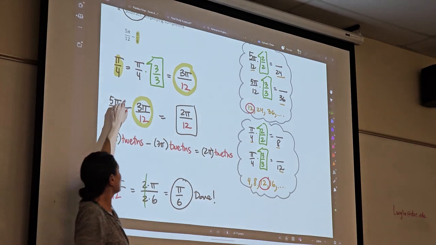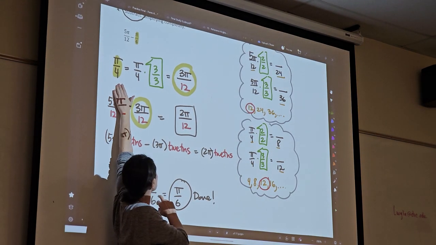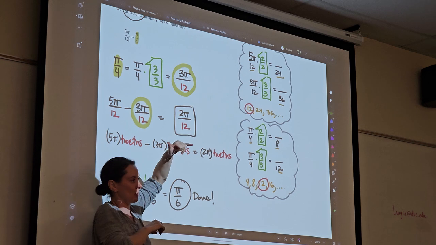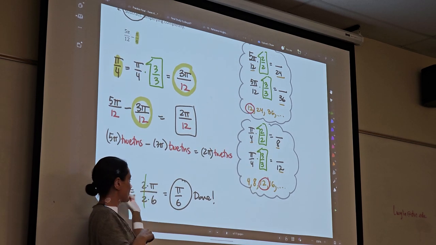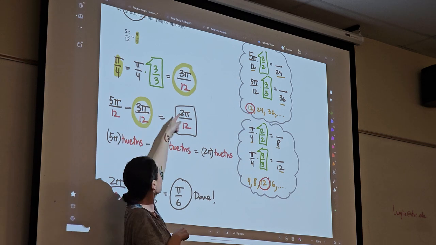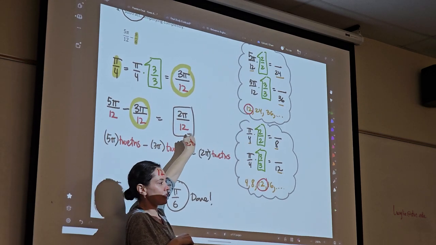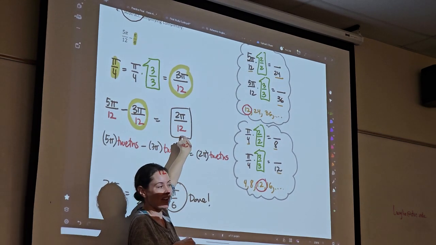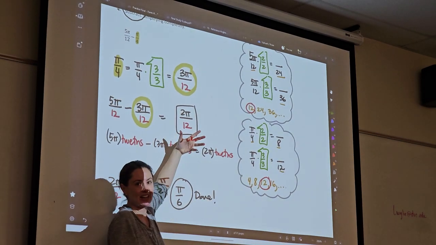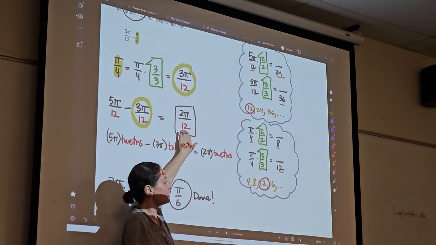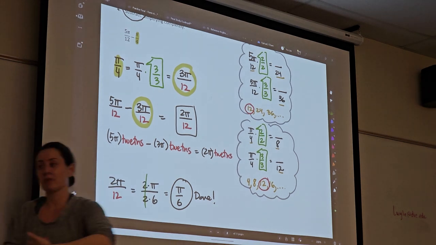You're not changing the value of something, you're changing the way it looks when you multiply by 1. Add or subtract numerators, subtract in this case, leave the denominator alone. That's what's making it so hard. The name of the algebra is easier almost, in terms of adding and subtracting it is. The denominator is the name of the object.